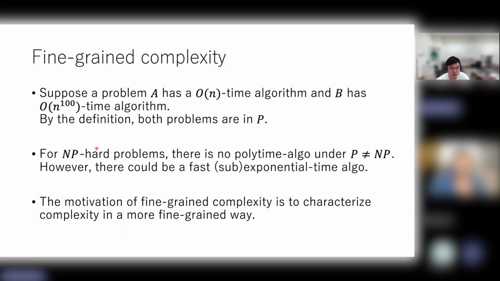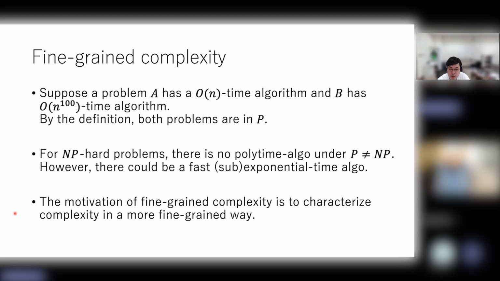Suppose that one problem has a very efficient linear time algorithm, and another problem has an n to the 100 time algorithm. By definition, both problems are in P. But for concrete problems, the actual running time by a program can be totally different.